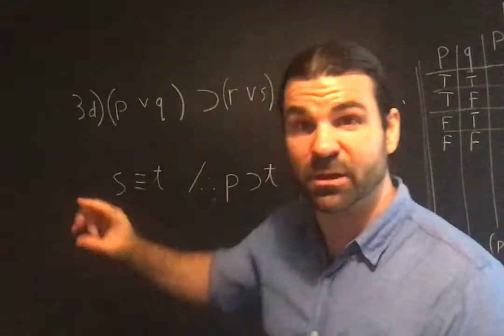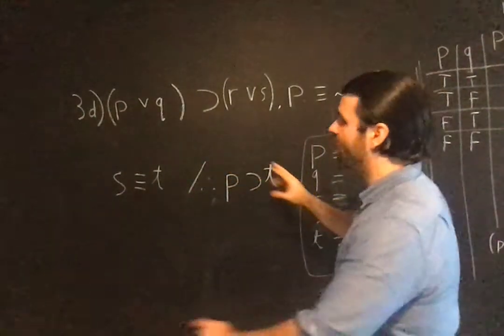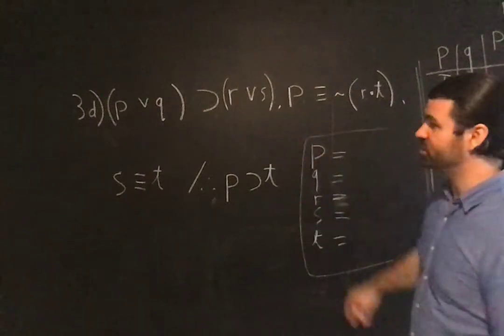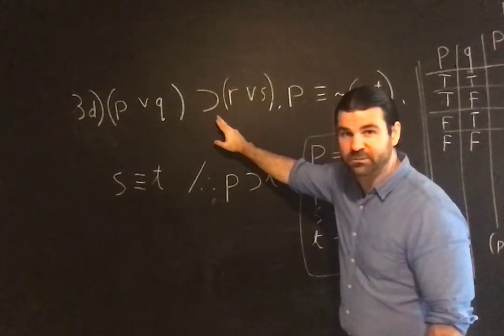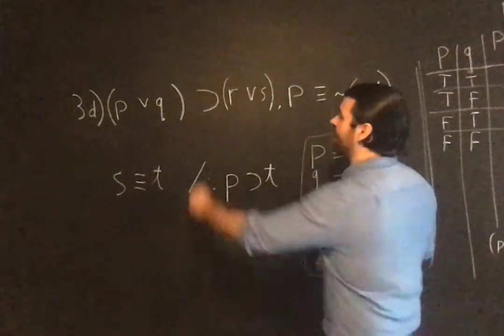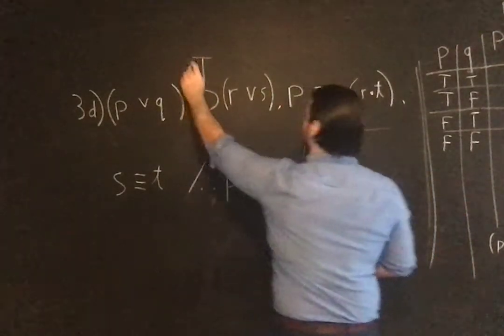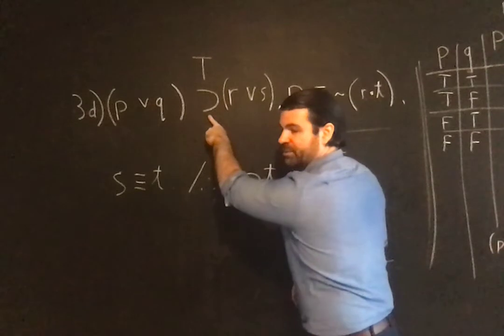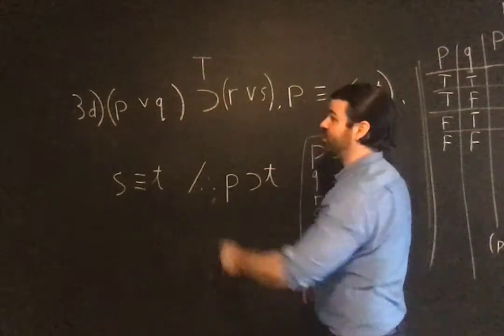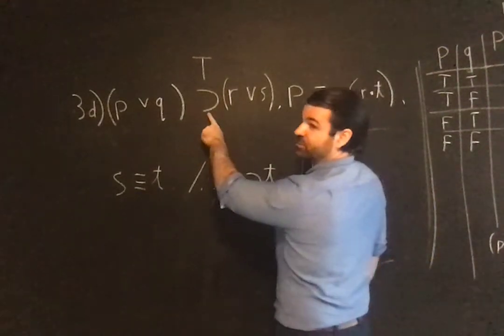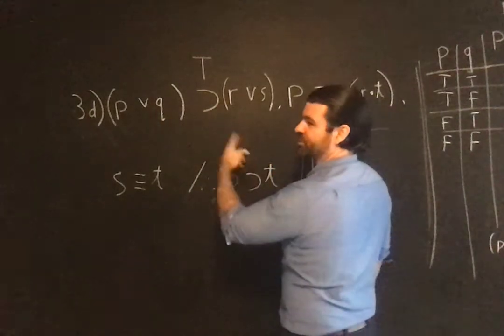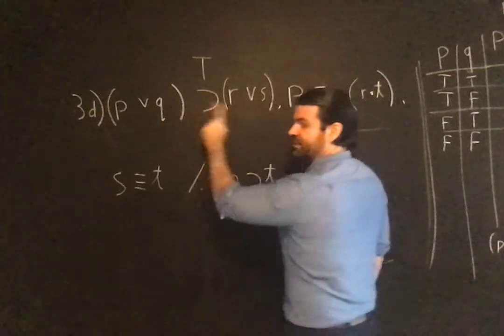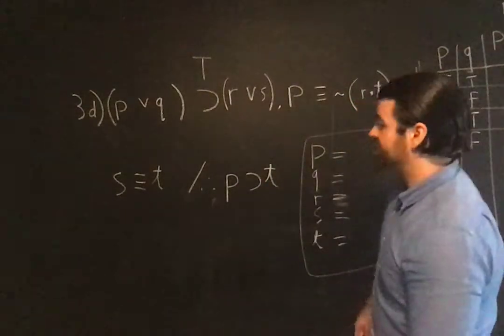So I go straight to the major operator of each premise, and I put a T there. T under the hook. You have to be able to see by now that that is the major operator. It's a conditional where the antecedent and consequent are both disjunctions.